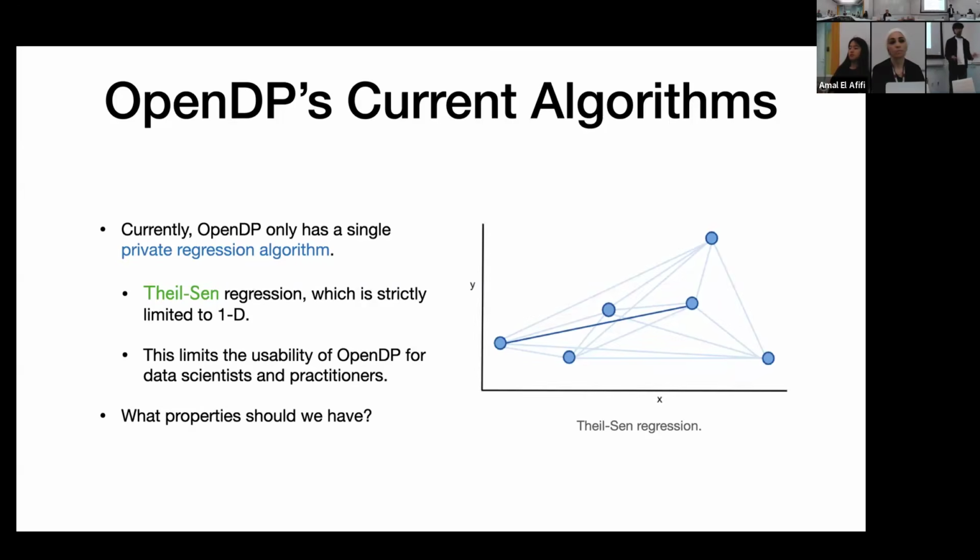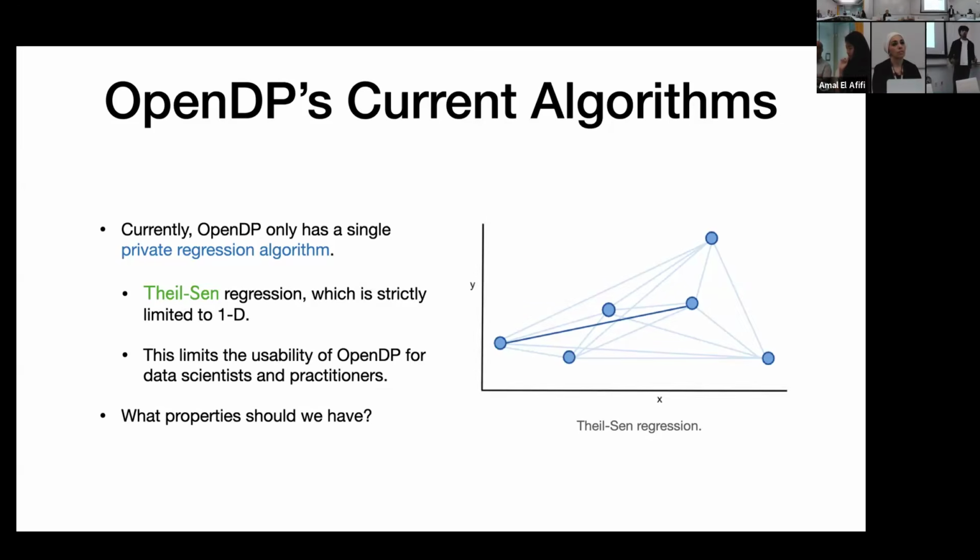While Theil-Sen internally is actually a pretty cool algorithm, I think this limits the usability of OpenDP for practitioners and data scientists, just because doing something as simple as even low dimensional regression, where the dimension is something like the low dozens, is not currently possible with the library. And one can imagine that linear modeling is a pretty standard part of the data scientist toolkit in this day and age.